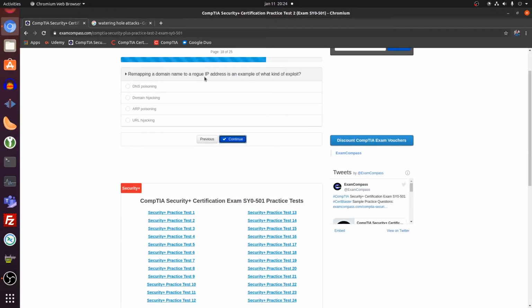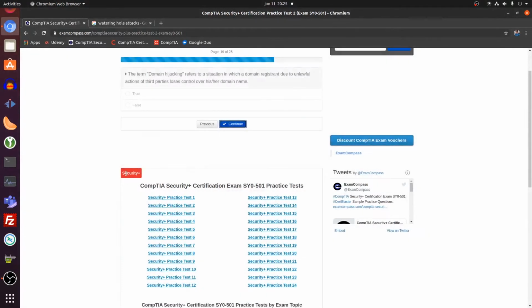Remapping a domain name to a rogue IP address is an example of what kind of exploit? Domain name. DNS poisoning. Domain name servers poisoning. Domain hijacking. Remapping. I think DNS, or URL hijacking, but I think it's DNS poisoning.